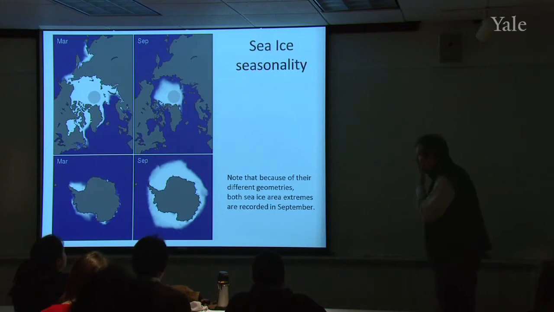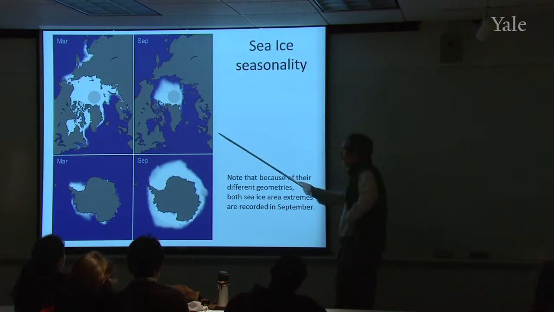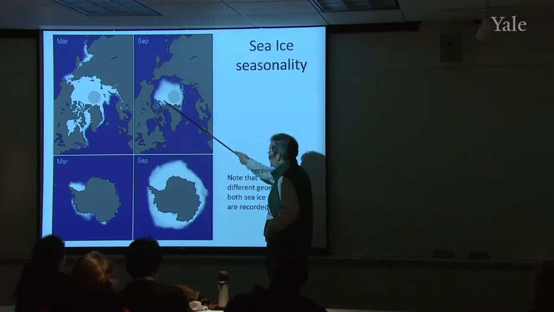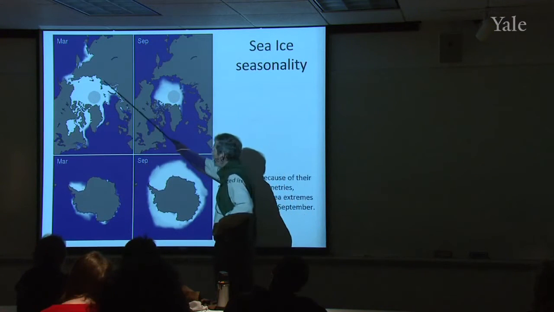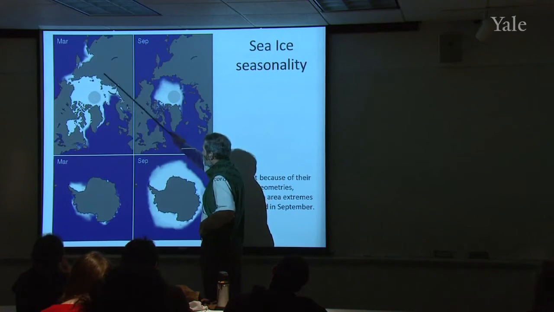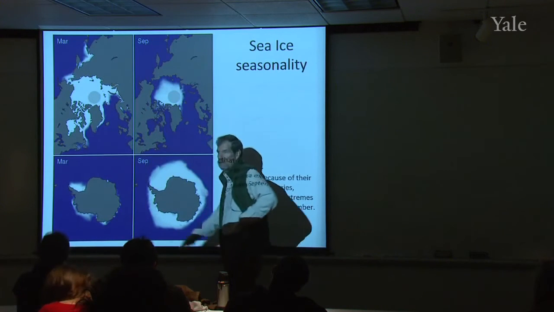Now, I want you to notice something. The Arctic Ocean is ocean at the North Pole, and it's confined by continents around. And you typically fill that up, and you can't go any further, of course, because you can't make any sea ice over the land.